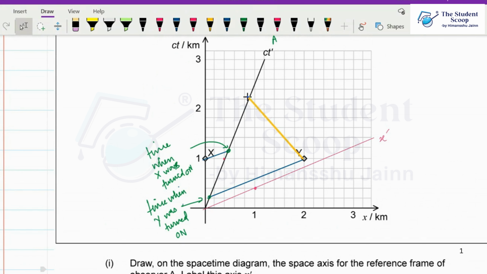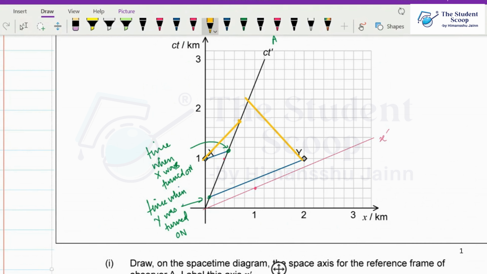Okay, I will try to draw as accurately as I can. Similarly, a photon will be leaving X as well. So I can use the grid as a reference because the diagonal of these square boxes will be at 45 degrees.